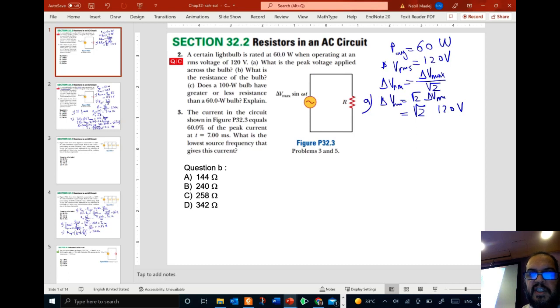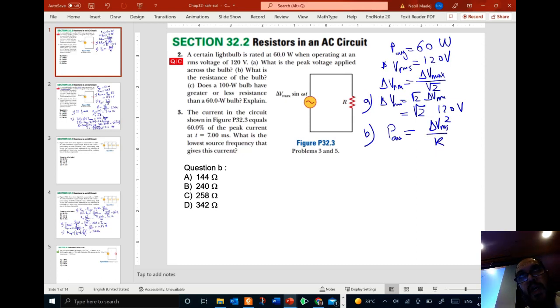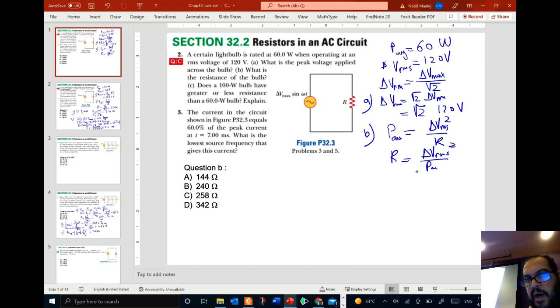The next question: what is the resistance of the bulb? So they give us the average power. Remember, the average power is given by delta V RMS squared divided by R. Power is R I squared, or V squared over R. But for the average, we have to use the RMS values. So we can get the resistance R is just delta V RMS squared divided by the average power.